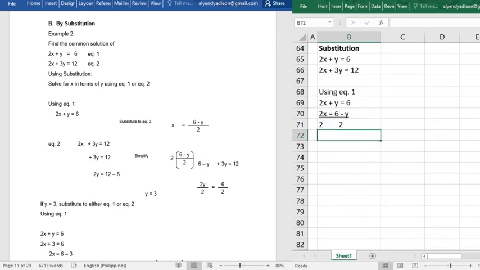And so what is left now is x equals 6 minus y over 2. So this is how we get our answer.